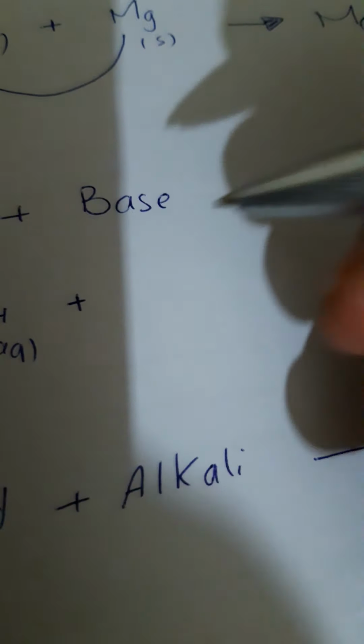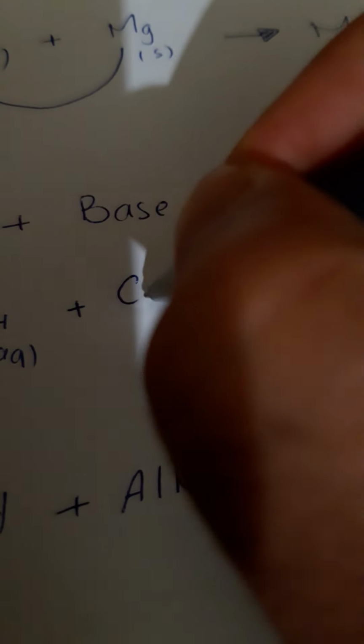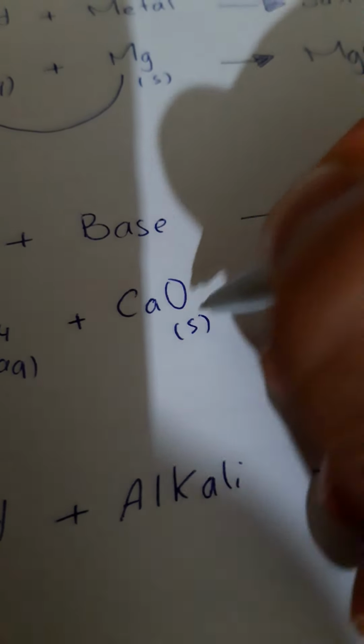Let's see an example. Acid, let's say sulfuric acid H2SO4 aqueous solution, plus a base, let's make it calcium oxide solid.